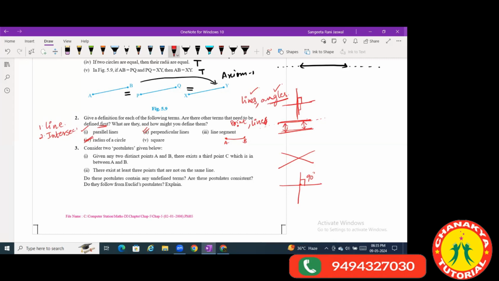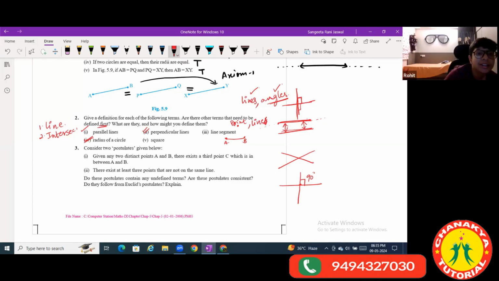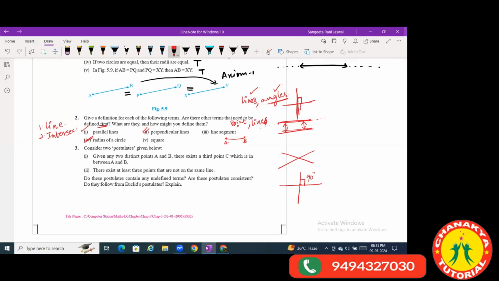Pranav, please write. Radius is a measure with which a circle is constructed. Don't write can be.